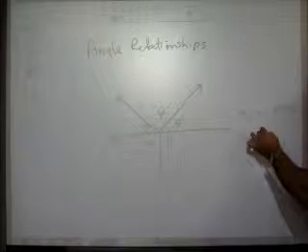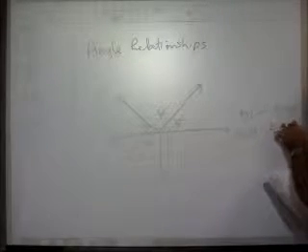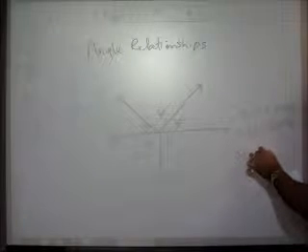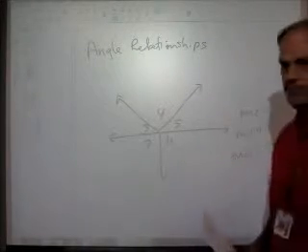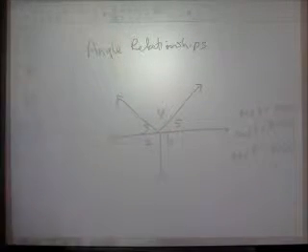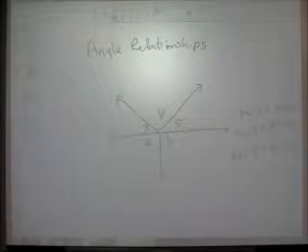The measure of angle 4 is x plus 40. And the measure of angle 5 is equal to x plus 30. Based on the information above, those different theorems, what can we do to help us find the measure of angle 3, 4, and 5?